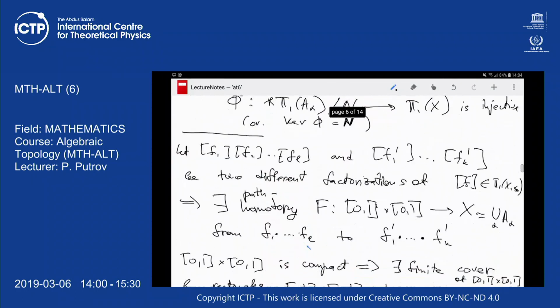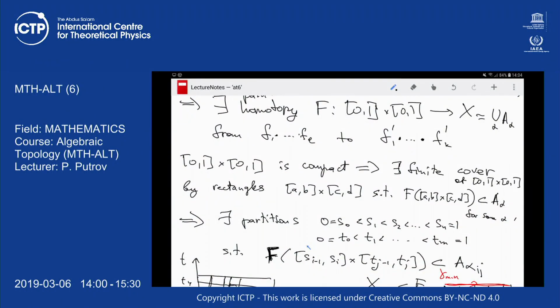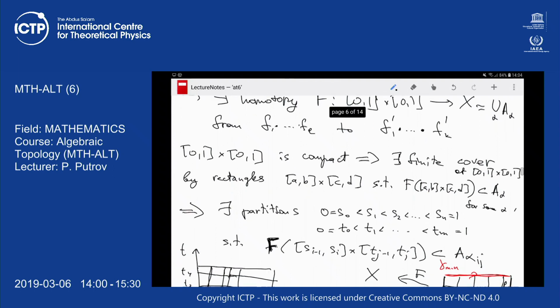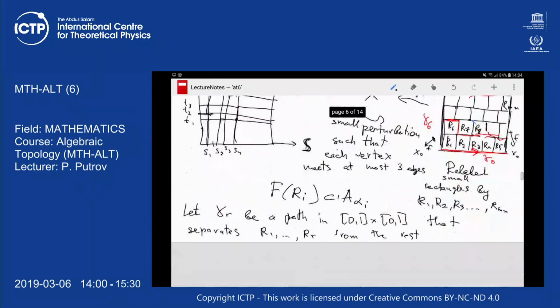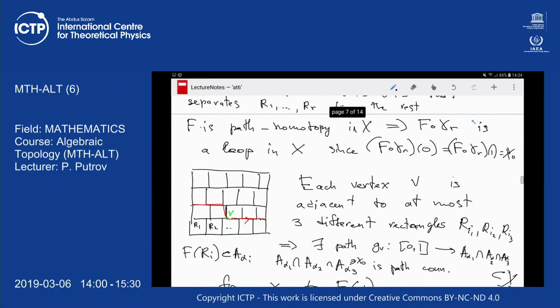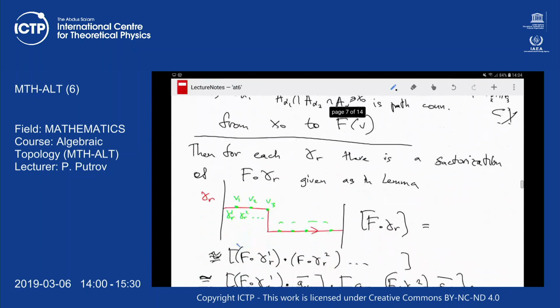We started to show it by first choosing a certain homotopy which connects two different factorizations. The homotopy is a map from a square to X, and we constructed a certain subdivision of this big square into small rectangles, so that each small rectangle is mapped to a particular A alpha, like here.